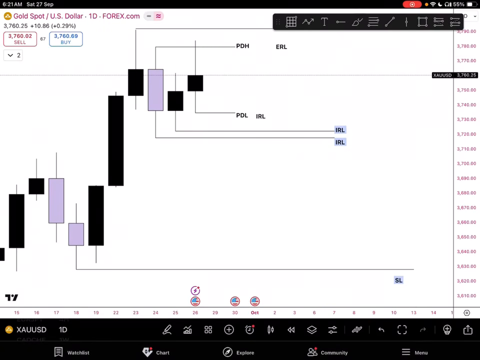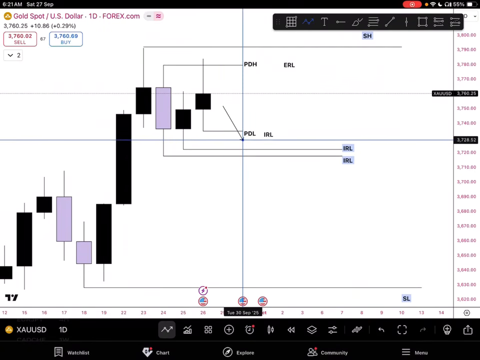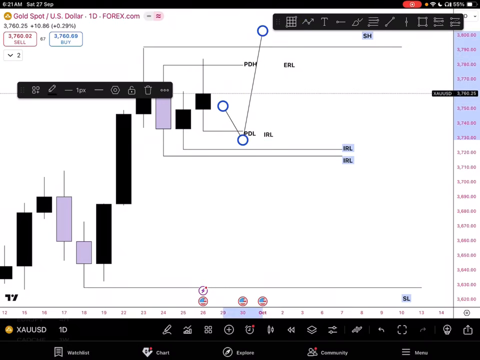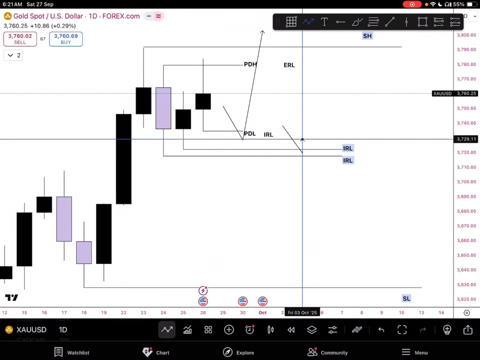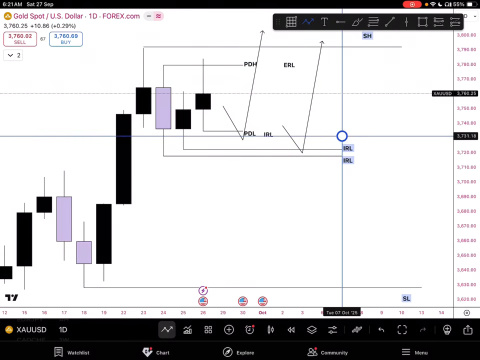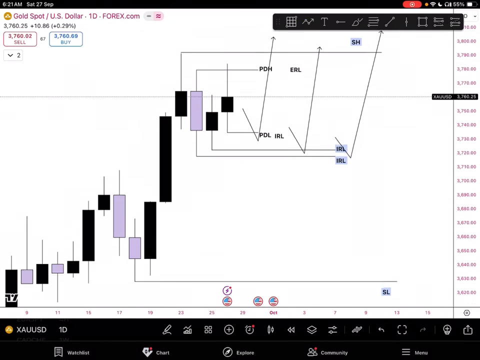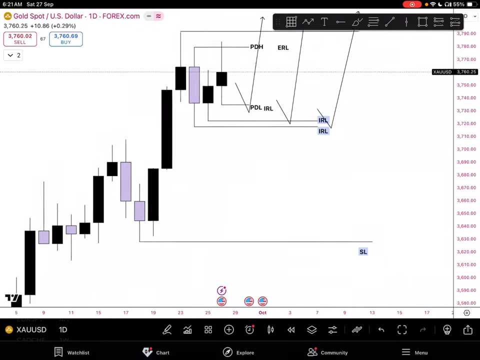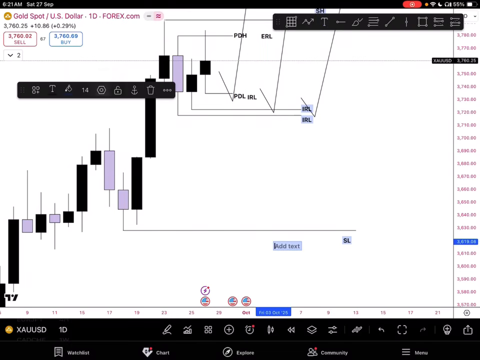So the price can take this internal range liquidity and get into this, or the price can take this internal range liquidity and get into this, or the price takes this internal range liquidity and gets into this. So these three are possible now because we have external range liquidity here.